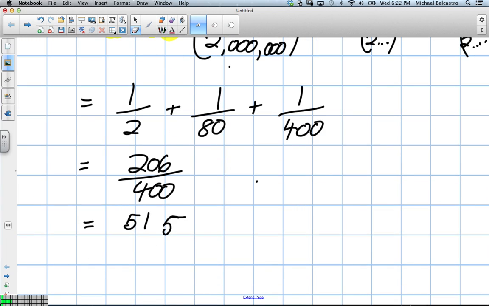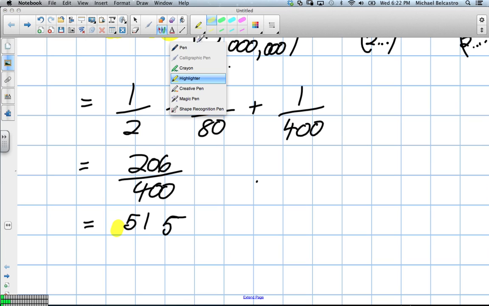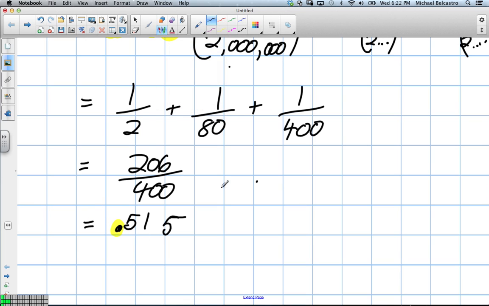It couldn't be 51 because 206 is less than 400. So as a dollar value, we're looking at about 0.5, and we can round this value up or down. Let's say up, 0.52. So your expected winnings are a total of 52 cents every ticket. You expect to win 52 cents every ticket.